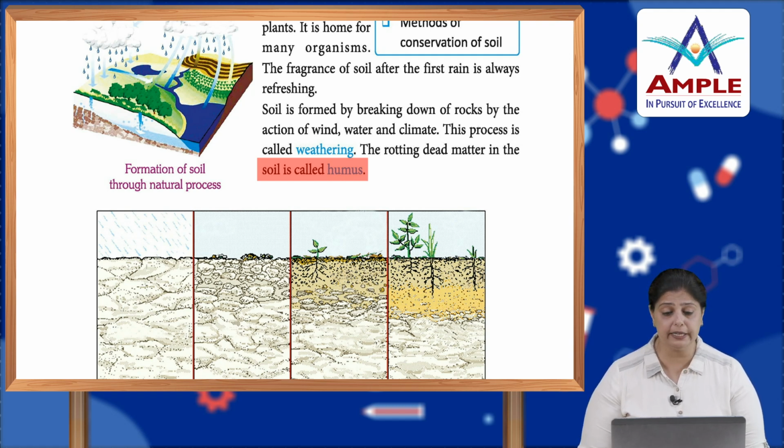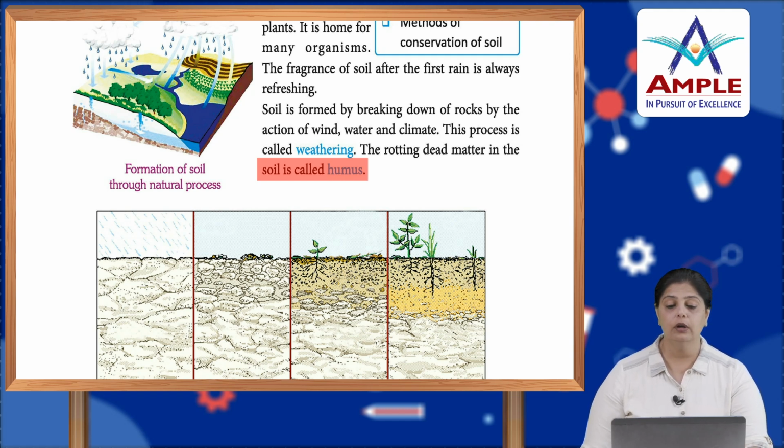When rocks break down due to wind, water and climate, that is when soil is formed. This process is known as weathering. Whatever rotting dead matter remains in the soil is known as humus.